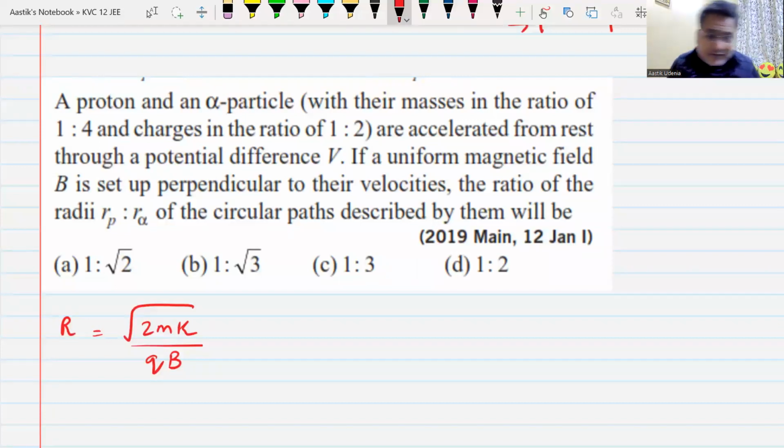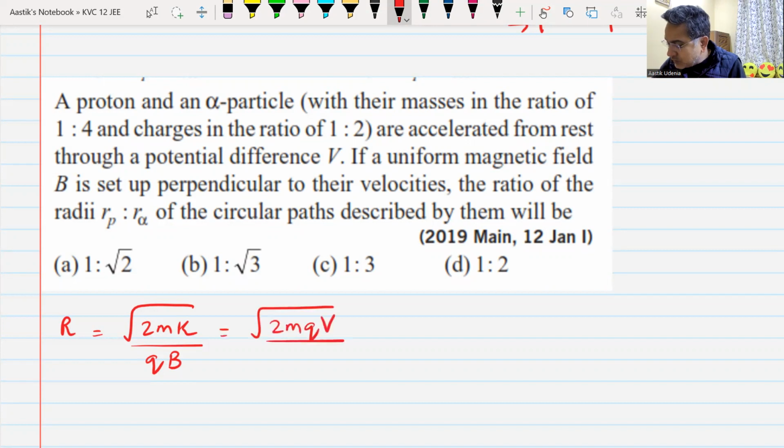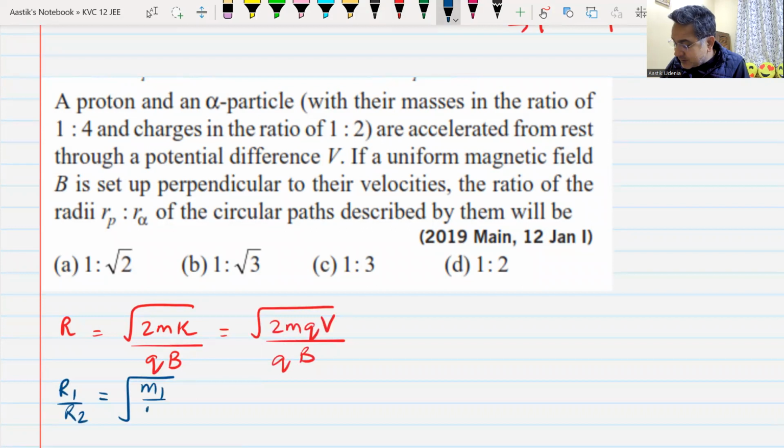We all know radius is root of 2mK by qB. Kinetic energy can be written as q into the voltage V. So I can say radius r1 divided by radius r2, everything else is the same, will be proportional to root of m1 by m2 multiplied by q2 by q1.